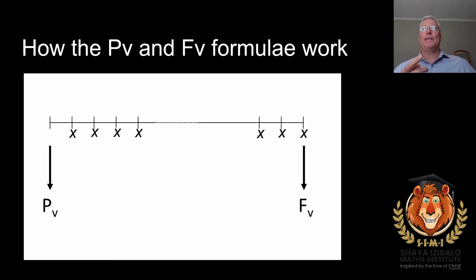So the last payment doesn't gain any interest at all. The second last payment is only in the account for 1 month. The third last is in the account for 2 months. The formula takes care of all of it, but just remember what it tells us: the value of those payments as the last payment is made.